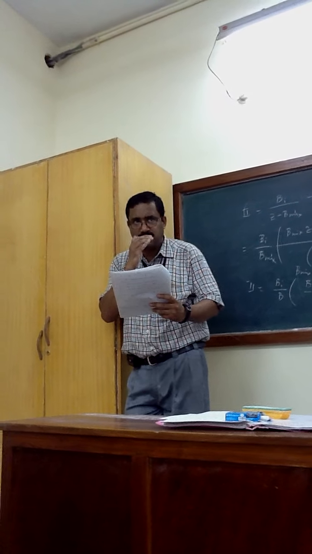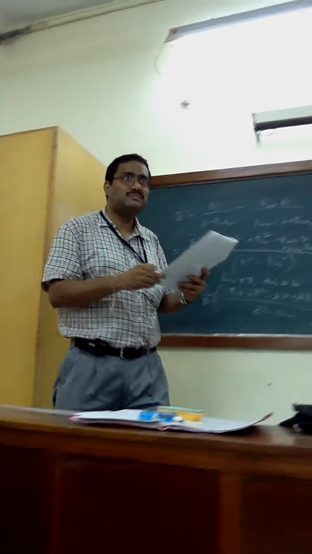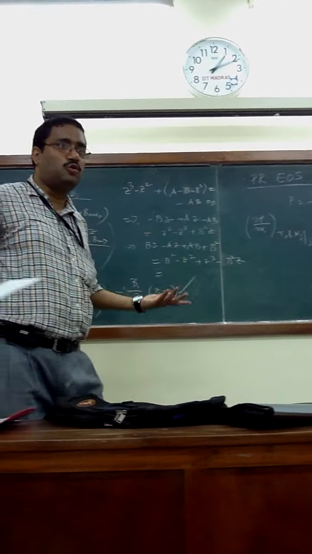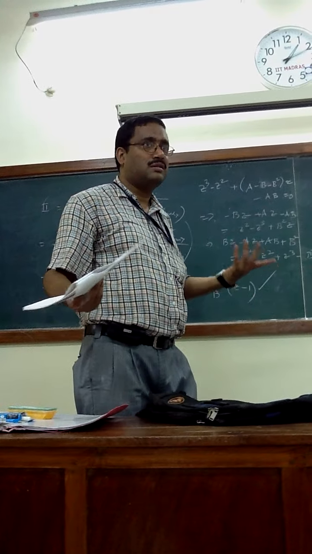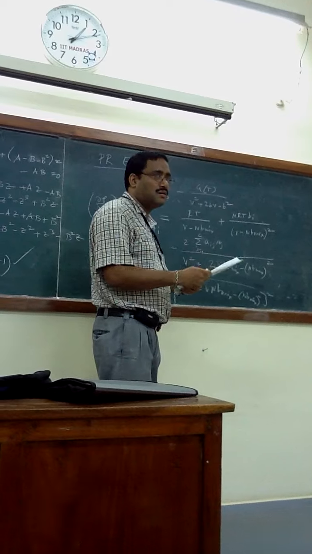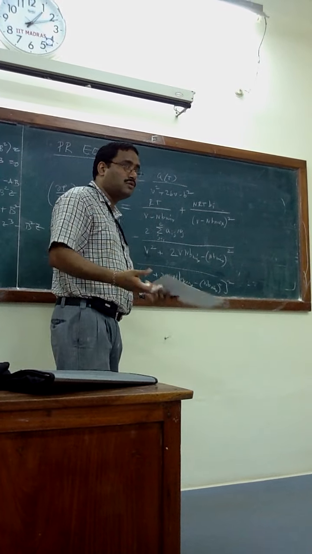Yes. Pardon? 2 should not be there. That's why you don't care for 2. 1, 2 and all those you don't care. 2 should be there. No, 2 is coming here, no? Then there is a common term, no? Yes.